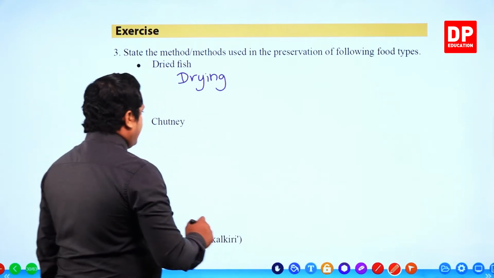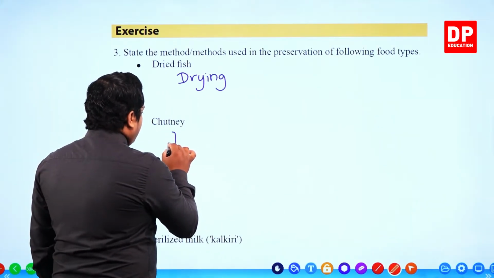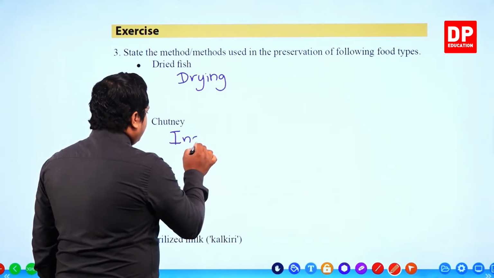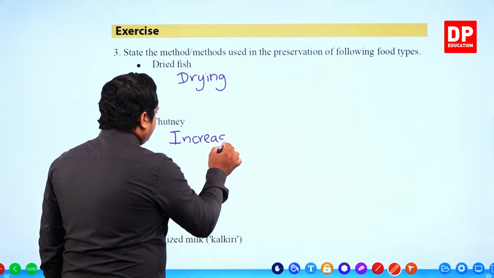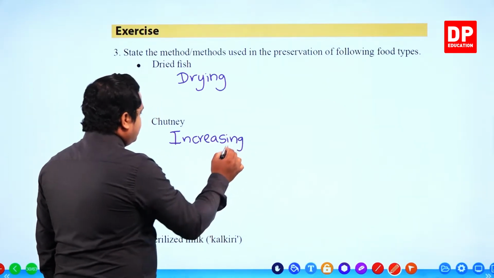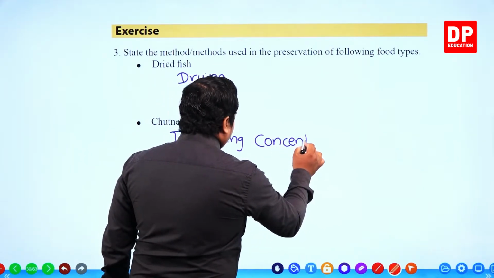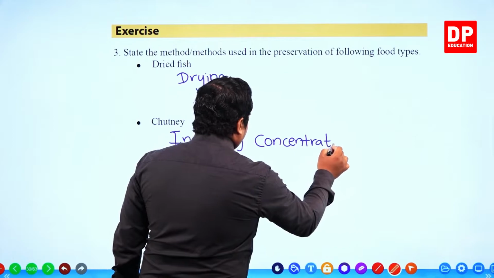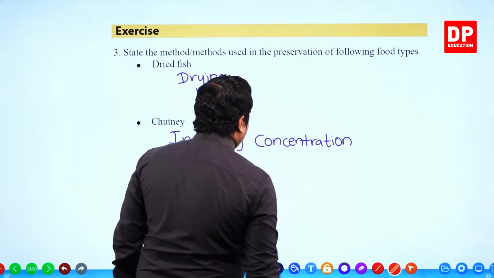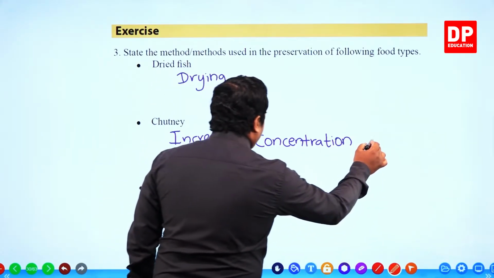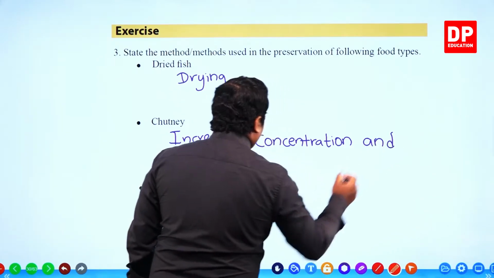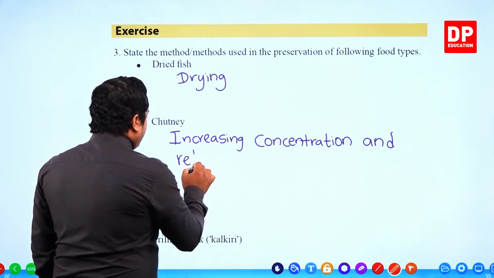So we can write like this. Increase in concentration and reduce in water content.